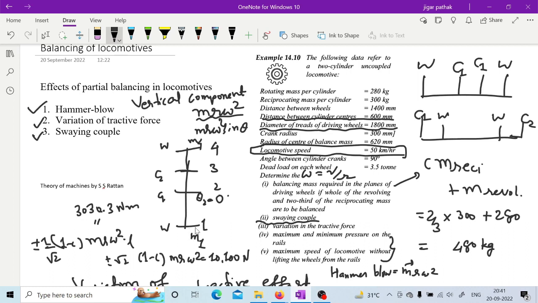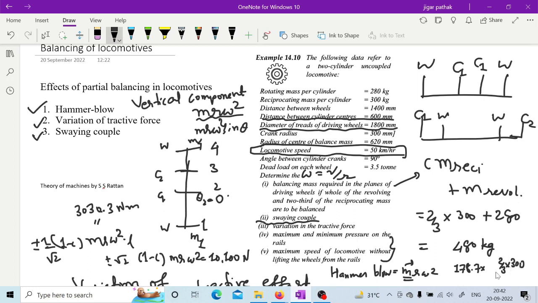That is the balancing mass. Now what is the fraction of reciprocating mass you are balancing?